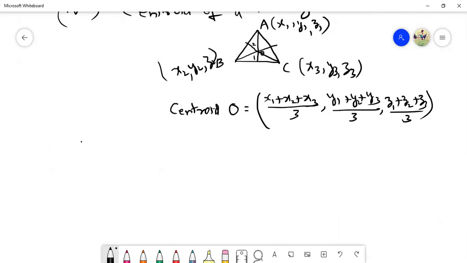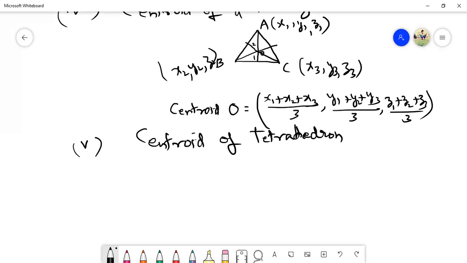So if we have to find the centroid of the tetrahedron. Tetrahedron shape you must have seen in chemistry.